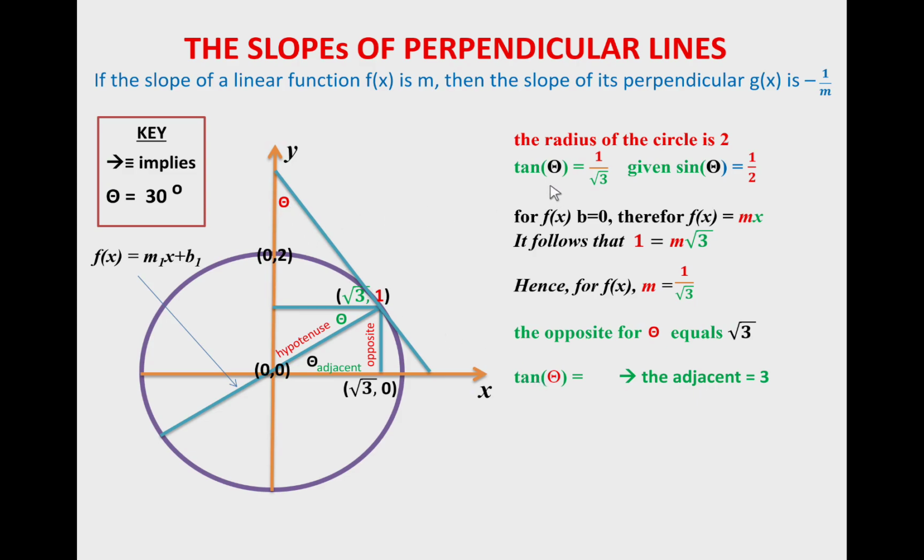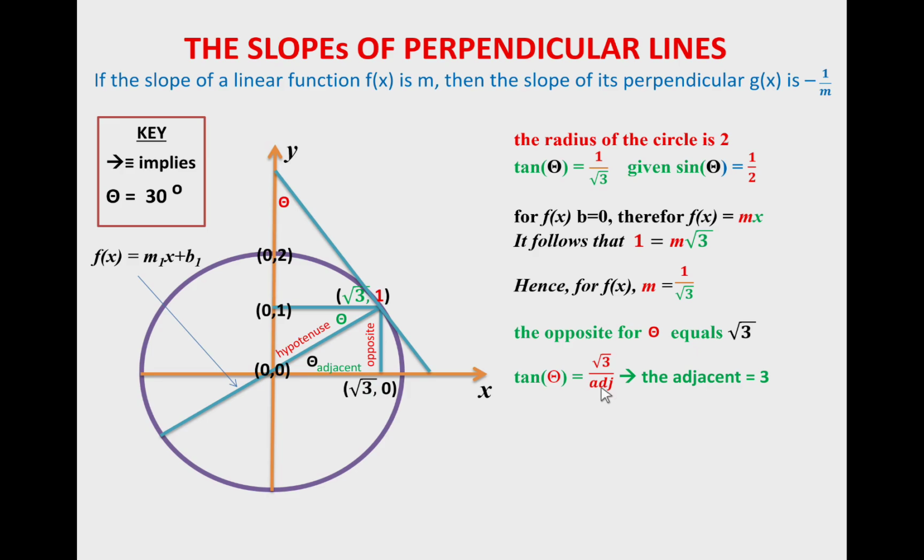We already found tan theta for the other theta, and we know tan theta is equal to 1 over square root of 3. So this theta should also have tan equal to 1 over square root of 3. But we know the opposite for this theta is square root of 3. So if the opposite is square root of 3 and we don't know the adjacent, we're going to list tan theta as the opposite, which is square root of 3, divided by the adjacent, which we don't know its value for now.